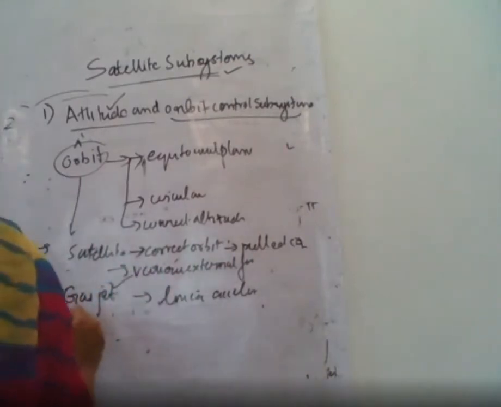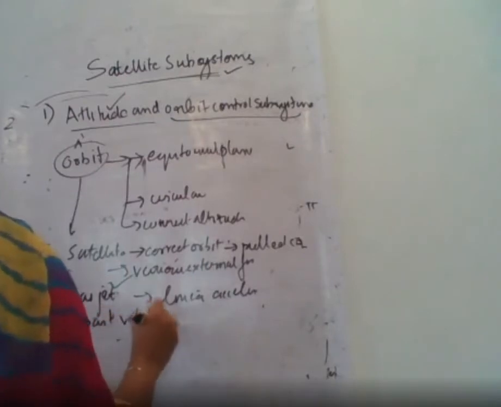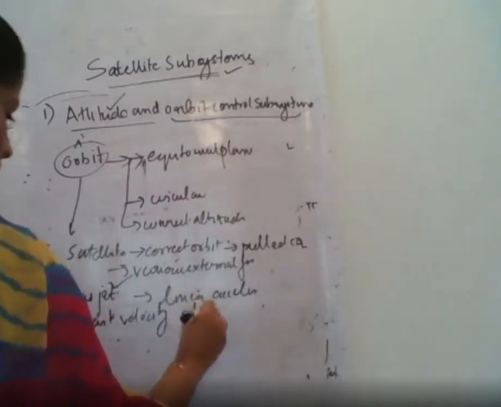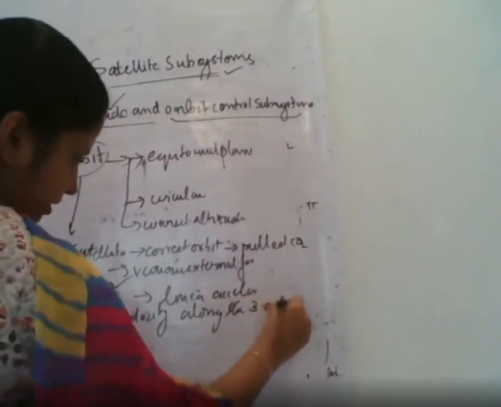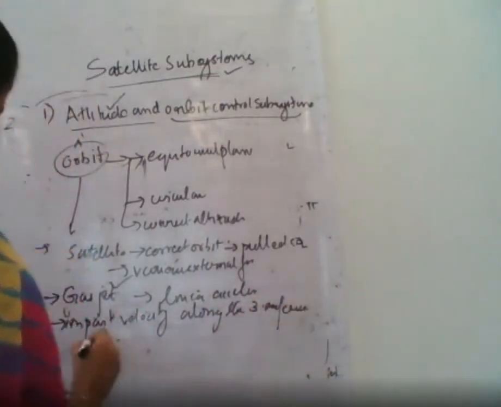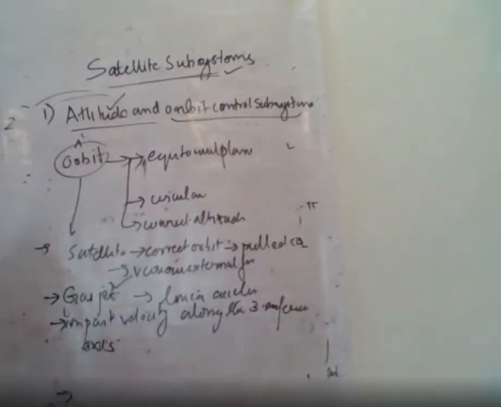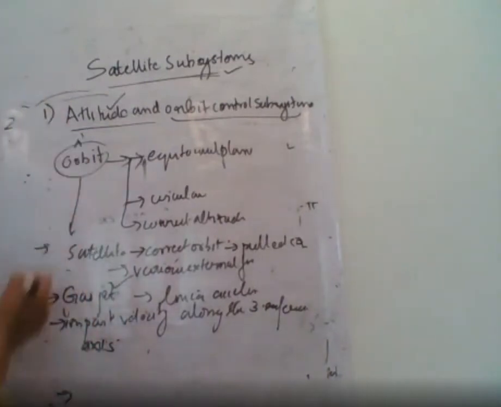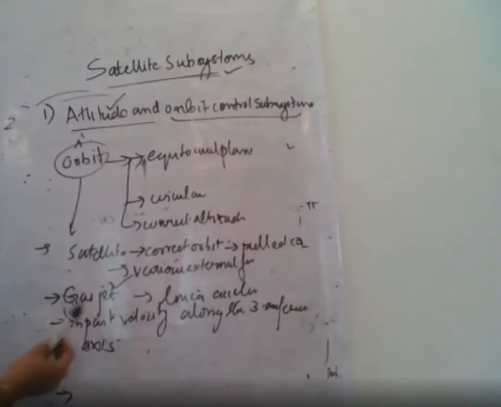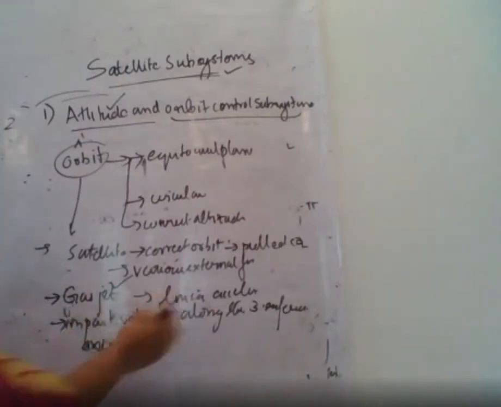This gas jet imparts a velocity along the three reference axes. So for orbital corrections, we use a gas jet, which imparts a velocity along the three reference axes.